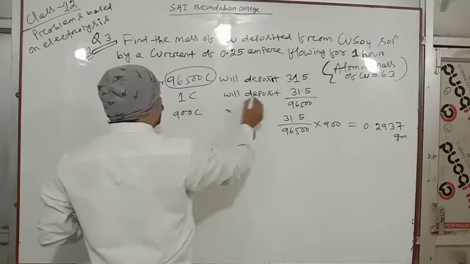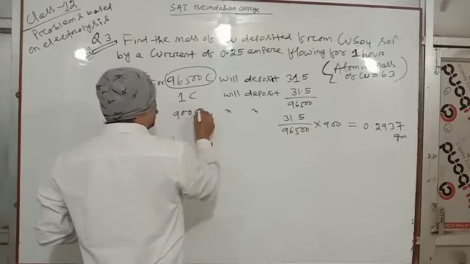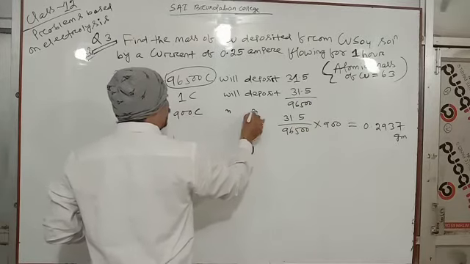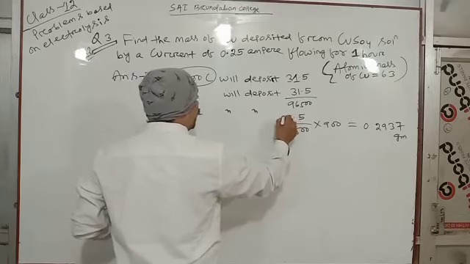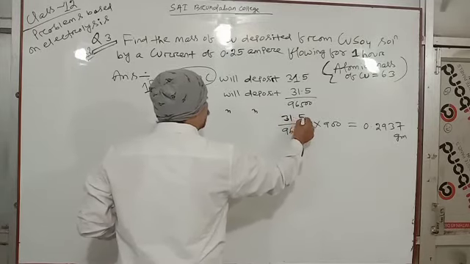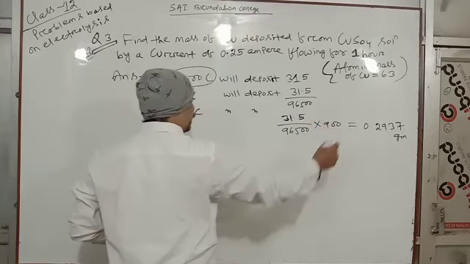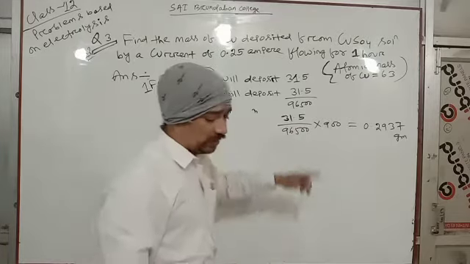So 1 coulomb will deposit 31.5 by 96500, and 900 coulomb will deposit 31.5 divided by 96500 into 900. This is all about this.